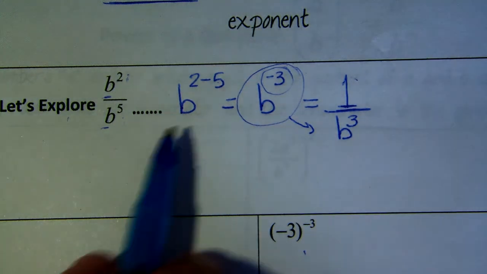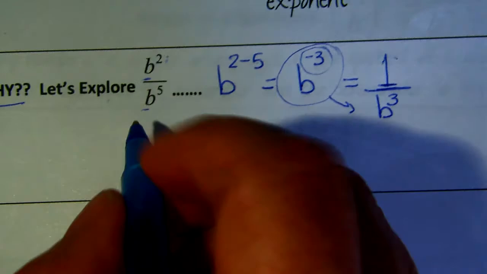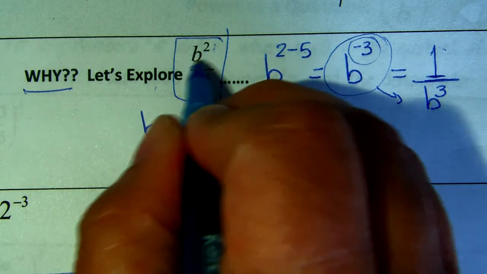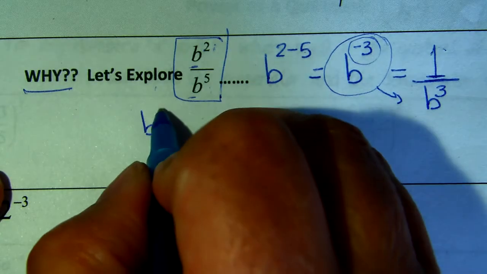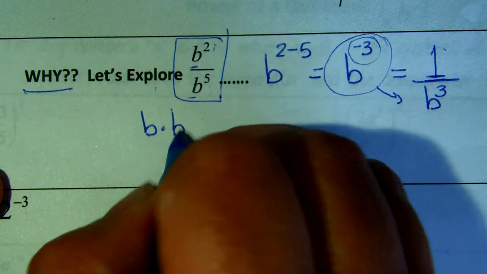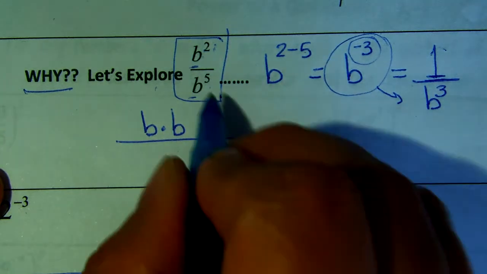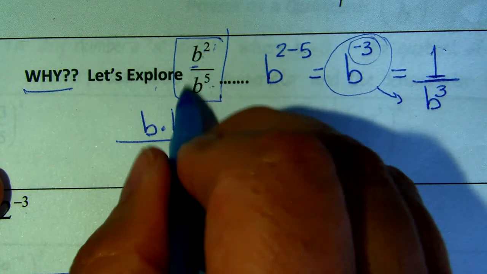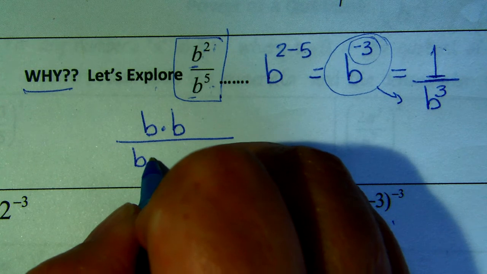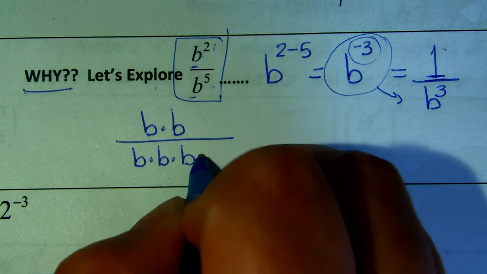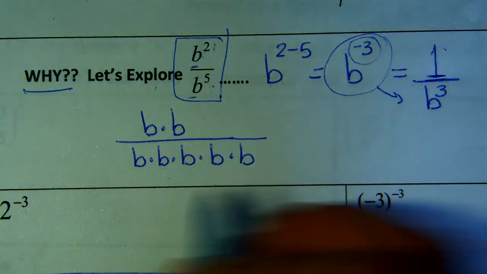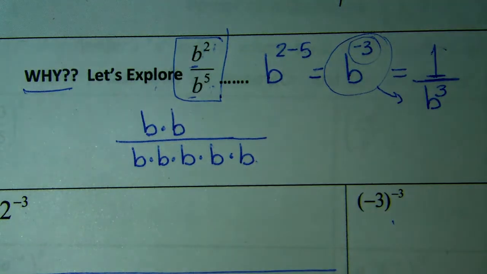Okay? Now, let's see why this happens. Look at this expression right here. What is b squared? B squared is like having b times b, right? B times b is b squared. And divided by what? B to the power of 5. B to the power of 5 means that you're multiplying b by itself 5 times. B times b times b times b times b. 1, 2, 3, 4, 5. Right?